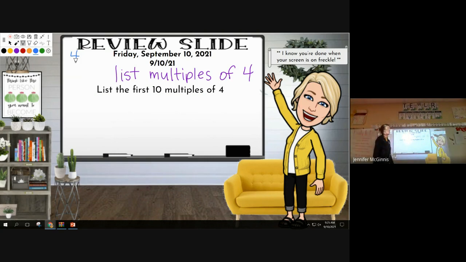So let's do it. 4, 8, 12. Hold on. 4, 5, 6, 7, 8. I'm trying to go slow so that we are very clear about how this works. 9, 10, 11, 12, right? We're going up by 4 because this is 4 times 1. This is 1 four.